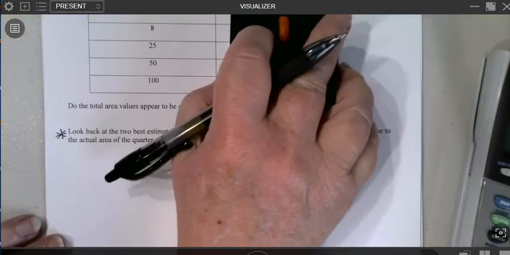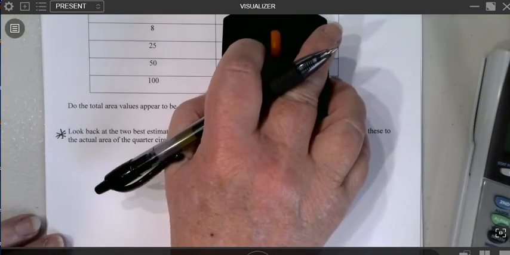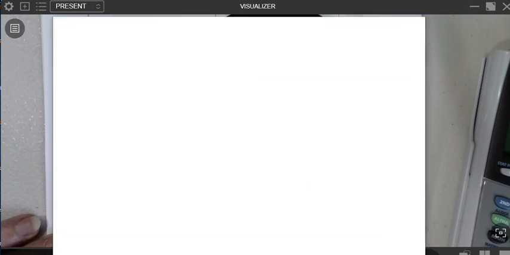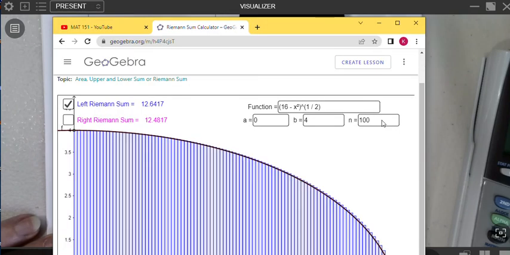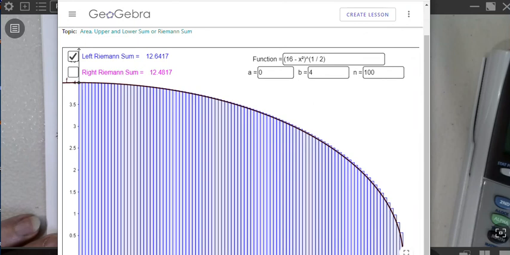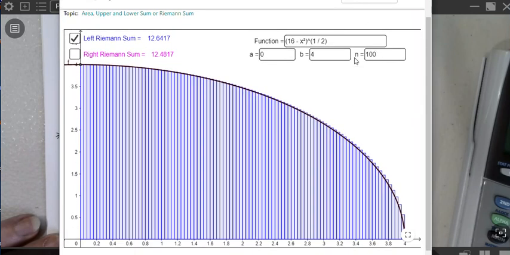If I just quickly bring that website up again, for the n equal 100, my left Riemann sum that had a little bit of extra area gave me 12.642. And my right sum, which I can get by clicking this other box down here, I'll get rid of the left one.